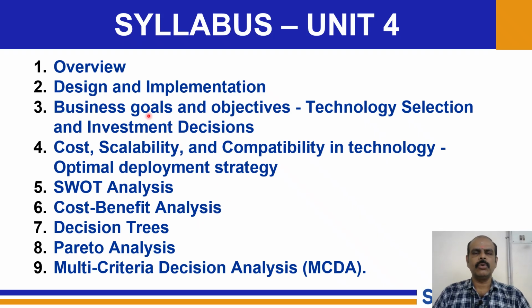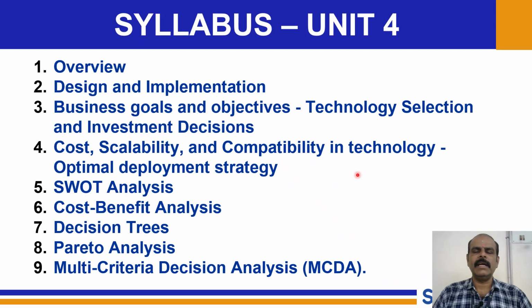Then, with respect to business goals and objectives, how a goal and an objective should be defined was discussed. Technology selection as well as investment decisions were discussed in detail. And finally, optimal deployment strategy pertaining to the three core objectives of decision making, namely cost, scalability and compatibility, was discussed. So that was the first half of Unit 4.